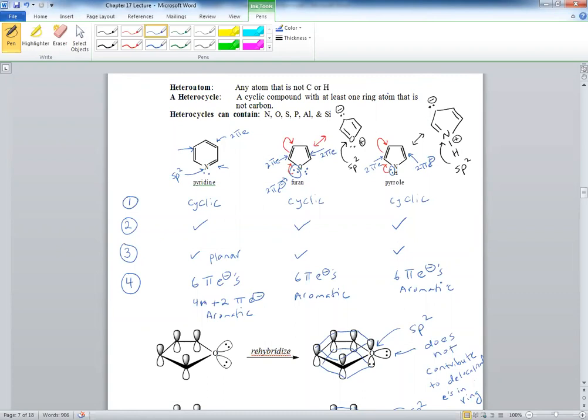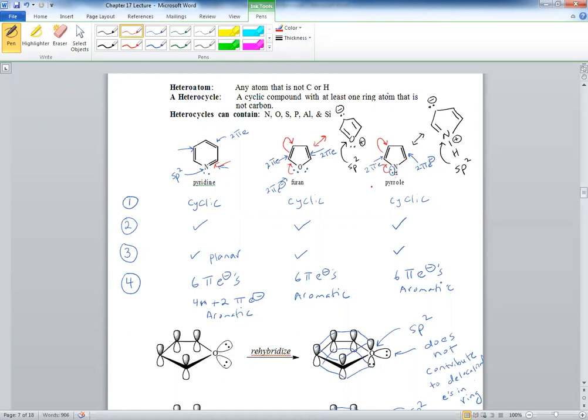We didn't count both of them. So going back to the nitrogen, notice how there's a double bond here, so I didn't count this lone pair, but here there are single bonds, so I counted this lone pair.